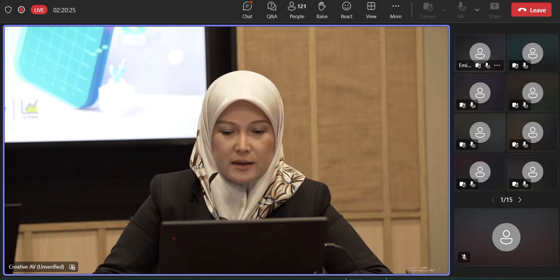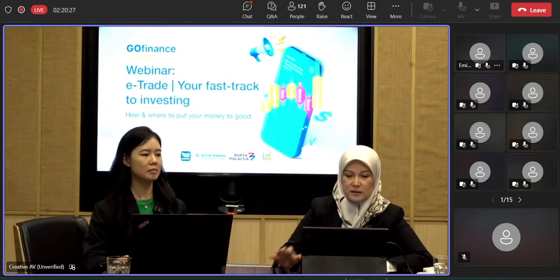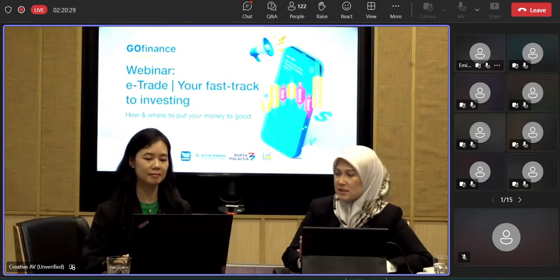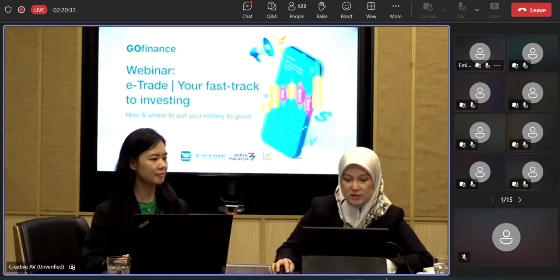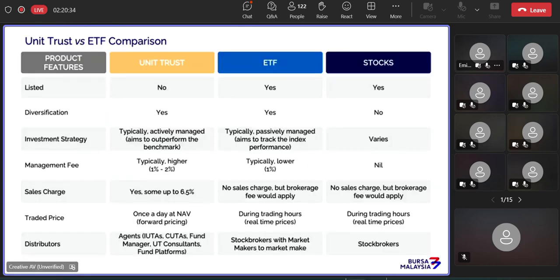Okay, and the last one, if I may, the differences between unit trust, ETF, and also the stocks, which is almost the same as ETF. So with regard to the product features, for example, unit trust is not listed, ETF is actually listed on the exchange. Diversification, both have diversification of stocks because they are with exposures of different underlying.